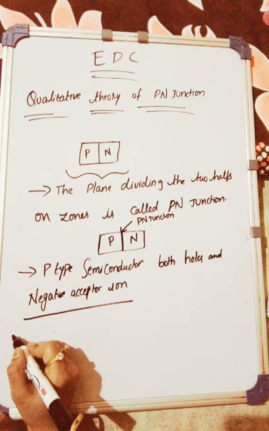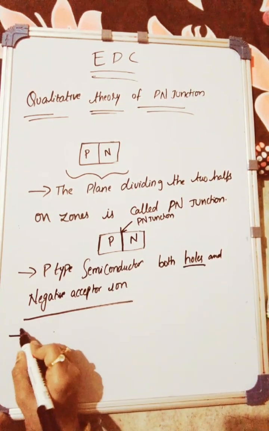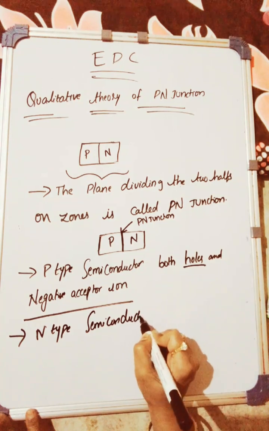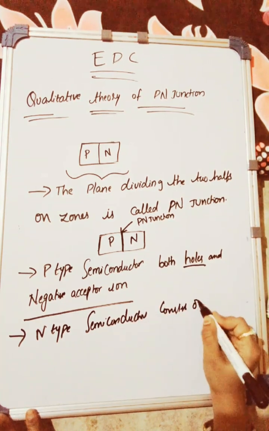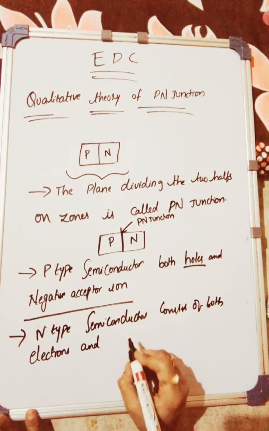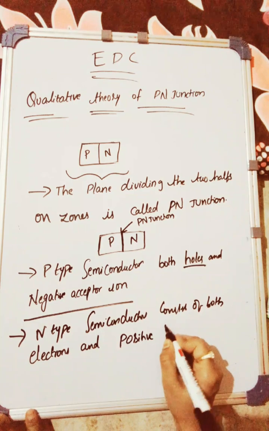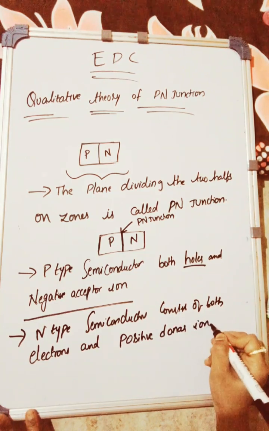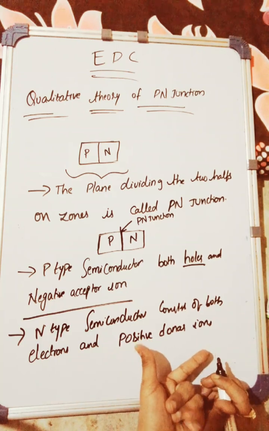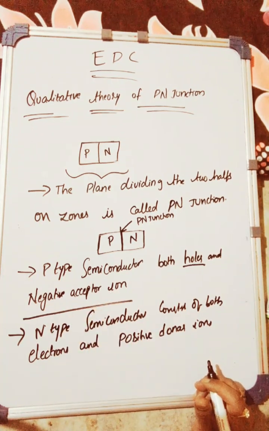Similarly, the n-type semiconductor consists of both electrons and positive donor ions. The p-type semiconductor consists of holes and negative acceptor ions, whereas the n-type consists of electrons and positive donor ions.